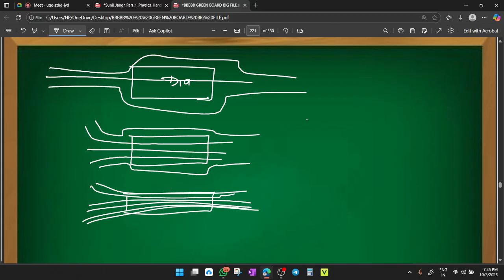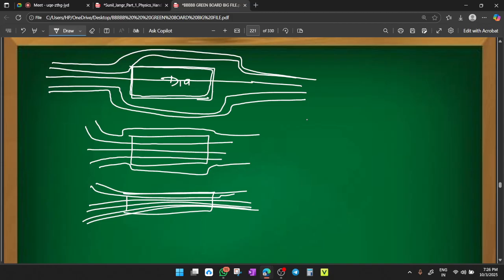See here, in diamagnetic material, the material does not want to permit the lines of force through it. Only a few lines are permitted to pass, and most of the lines are not permitted; they just fringe away.